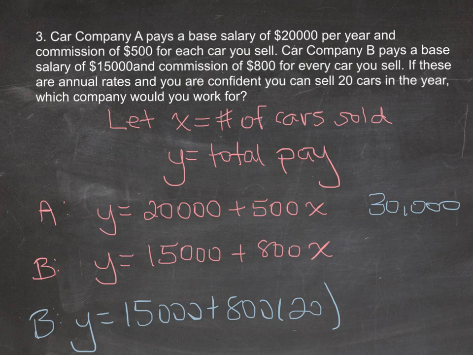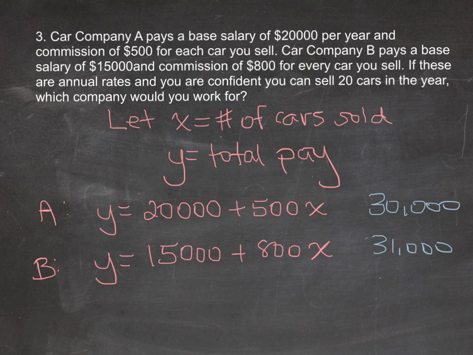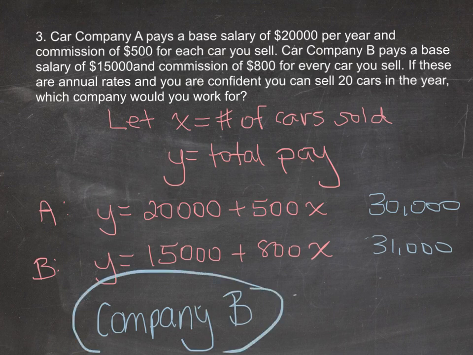So then I have 15,000 plus 16,000 is 31,000. So this one would be 31,000. So then I would choose to go with company B because I'd make a little bit more money that way, as long as I sell my 20 cars. Then I would make a little bit more than if I went with company A.